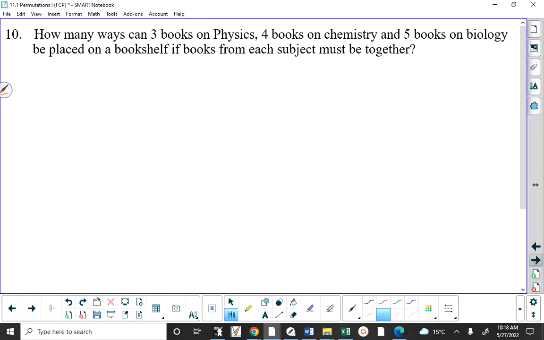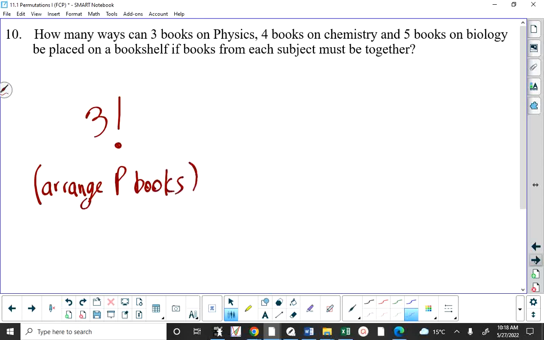So I guess the number of ways to arrange the physics books would be 3 factorial. I need to multiply that by 4 factorial, which is arranging the chem books.